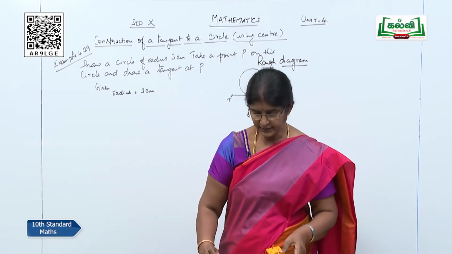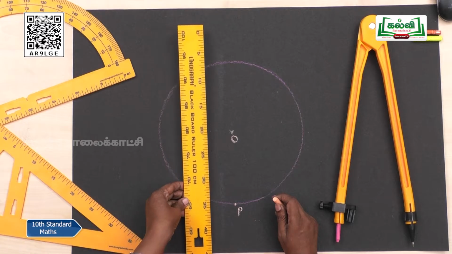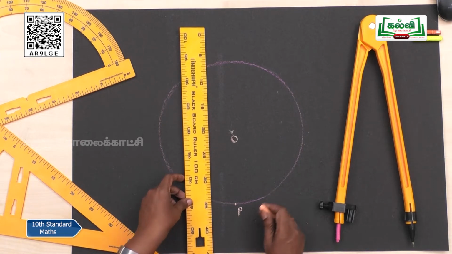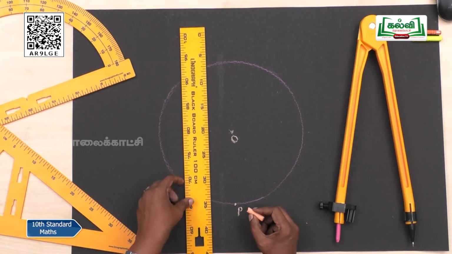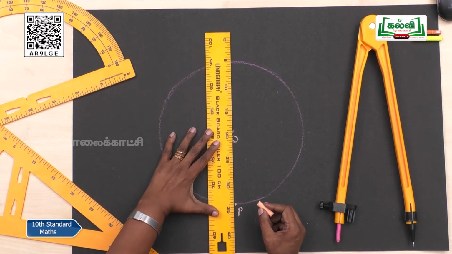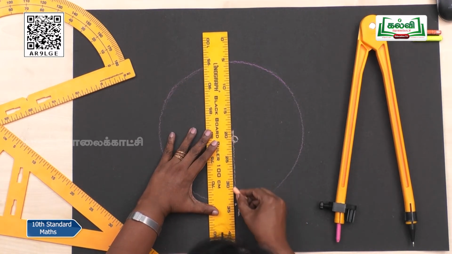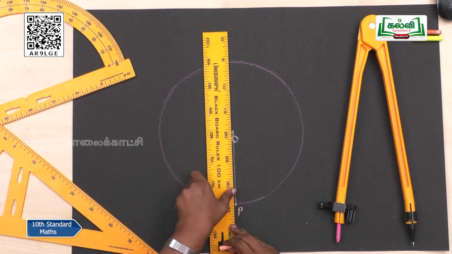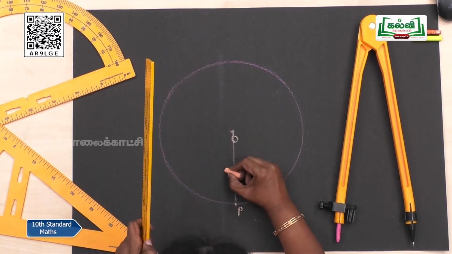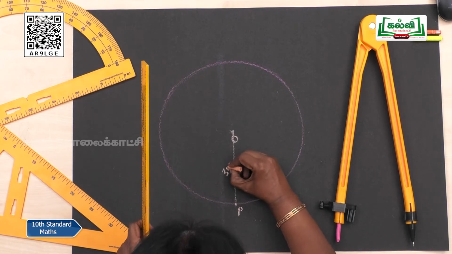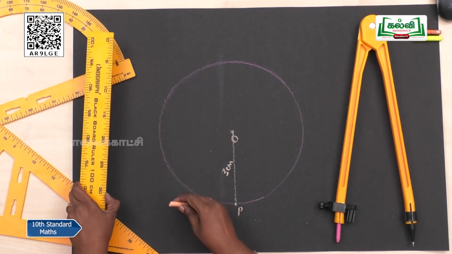We have drawn a circle using the radius 3 cm. Now, you mark a point P on the circle. Now, join O and P. Okay, this is 3 cm. You just write that 3 cm.